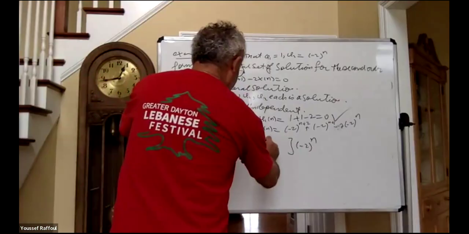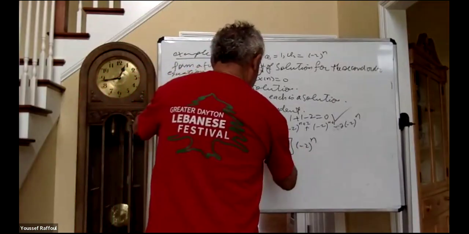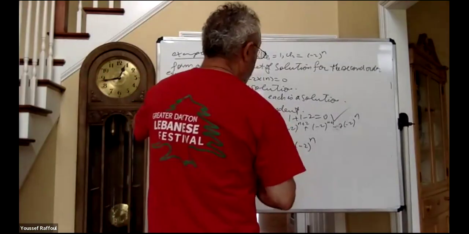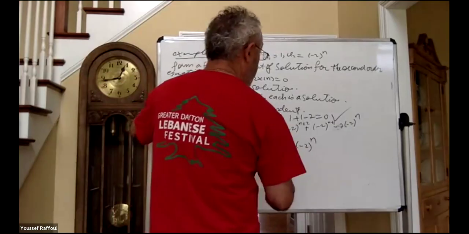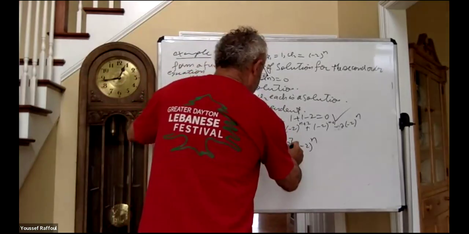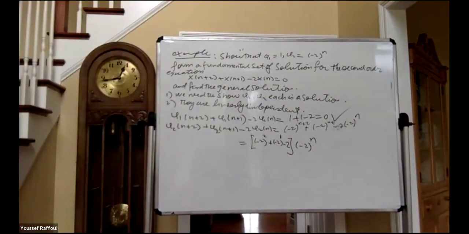So that will be minus 2 to power 2, plus minus 2 to power 1, and minus 2. Okay?